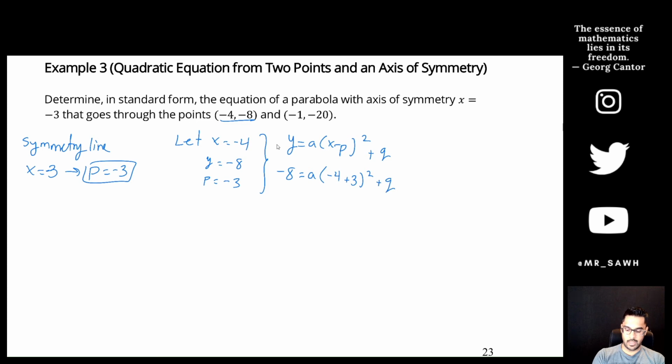So if I simplify that, I get -8 is equal to a times, well, -4 plus 3 is -1, squared for +1, so this is just a plus q. And that's about as far as I can go right now.